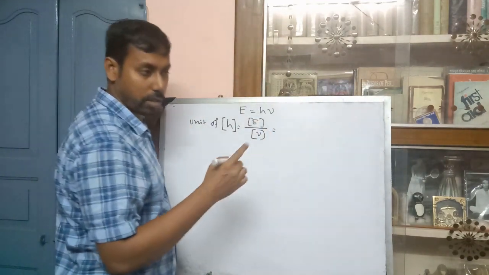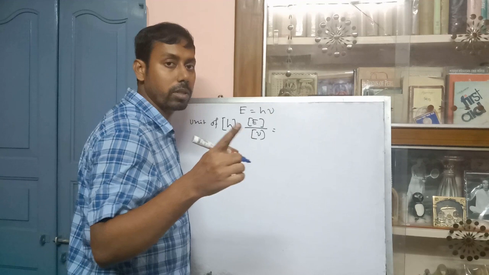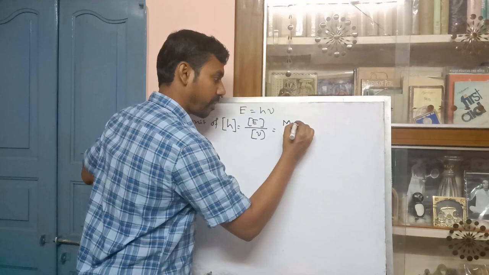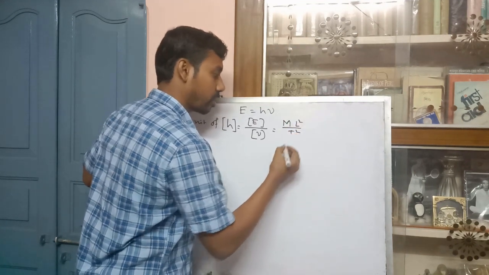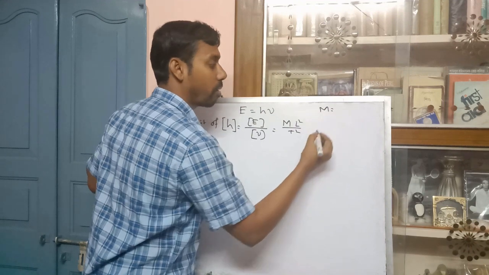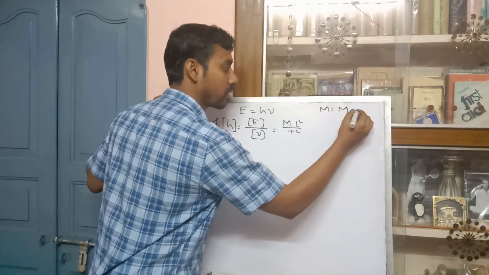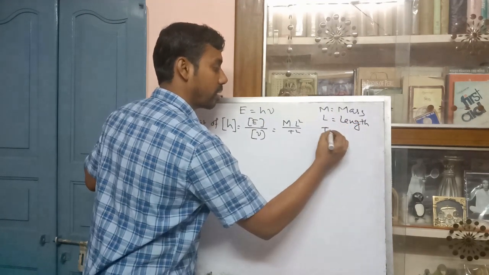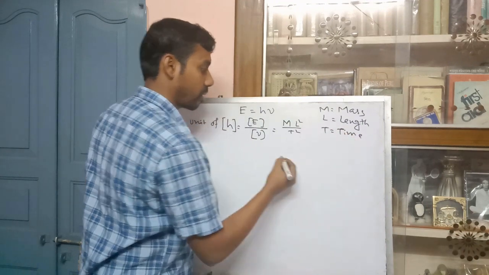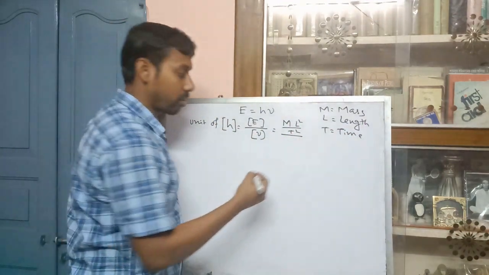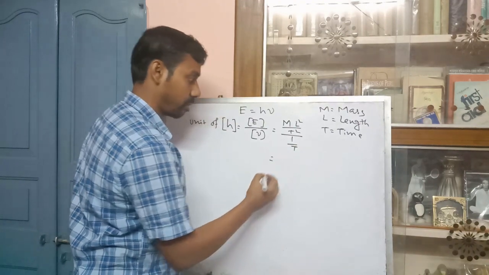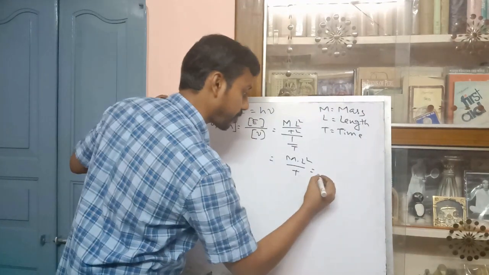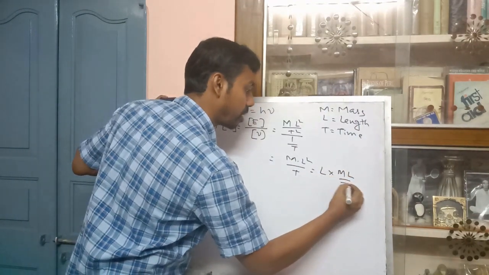This unit of E is energy, kinetic energy, that is equal to half into m into v square, which gives you m into L square divided by t square, where m is mass, L is your length, and t is your time, divided by the unit of frequency, that is 1 by t. That gives you m into L square divided by t, that means m into L divided by t.